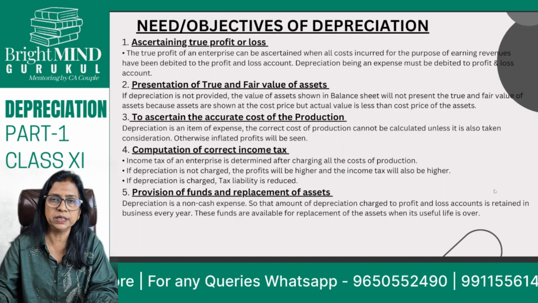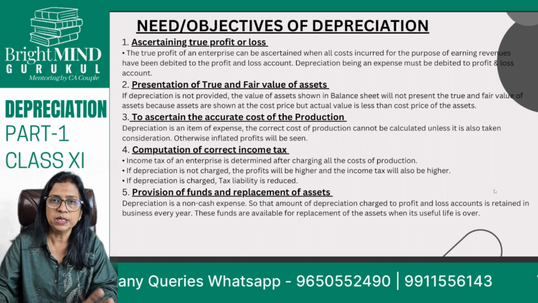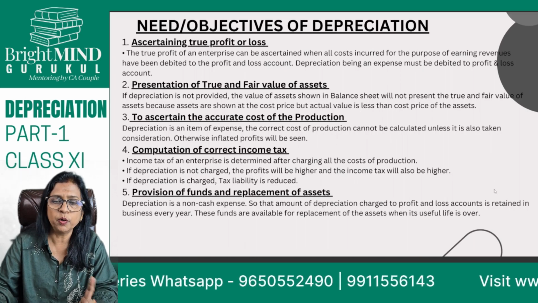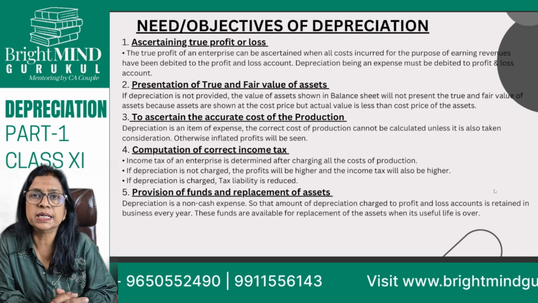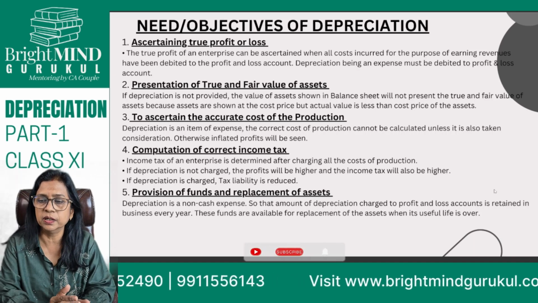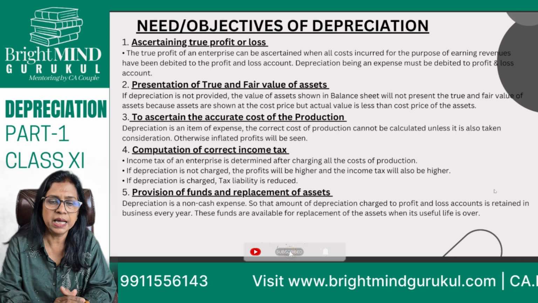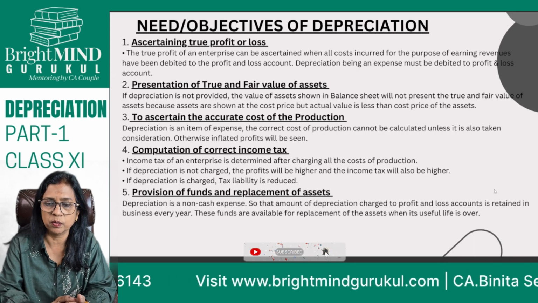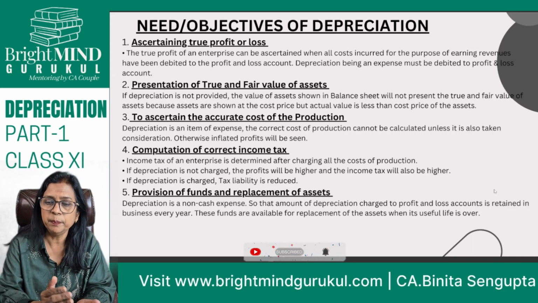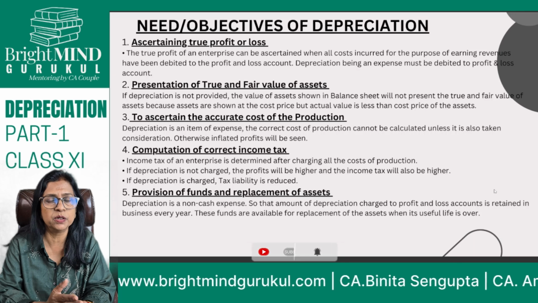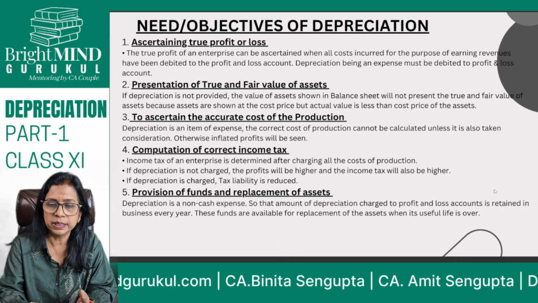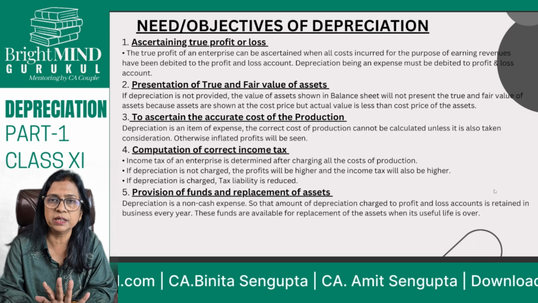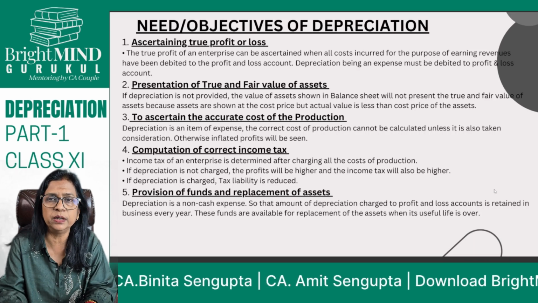Now, what are the objectives of depreciation? First, ascertaining the true profit and loss. The true profit of the enterprise can be ascertained when all the costs incurred for the purpose of earning have been debited to profit and loss account. So depreciation being an expense must be debited to profit and loss account. Because there is no cash involved, often people try to ignore it.